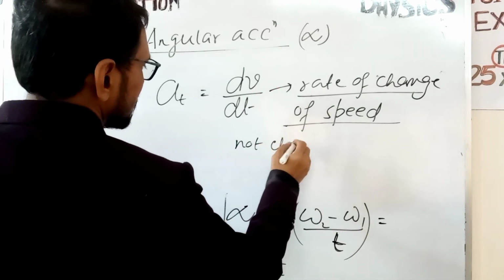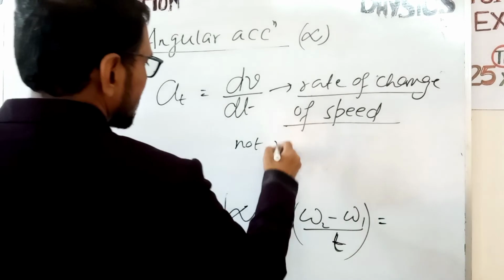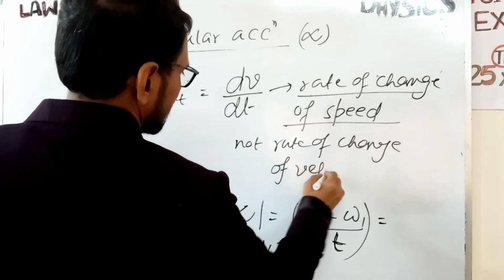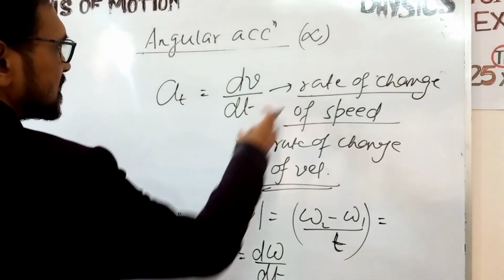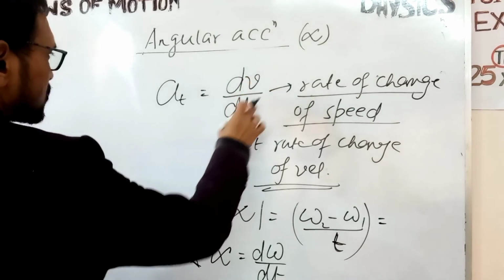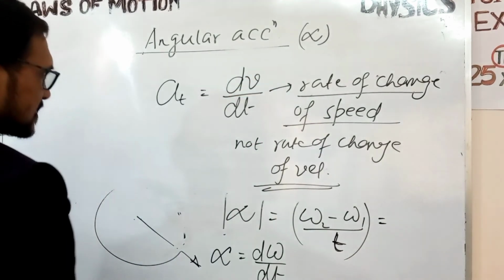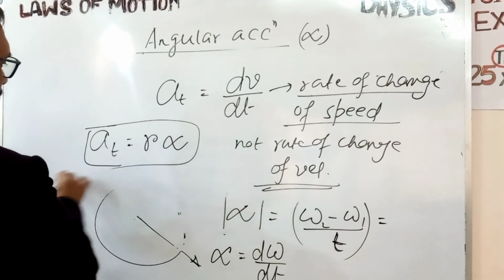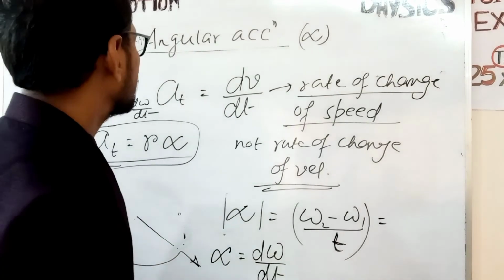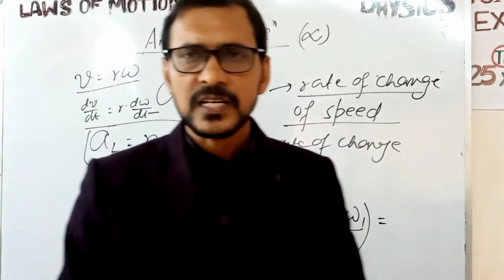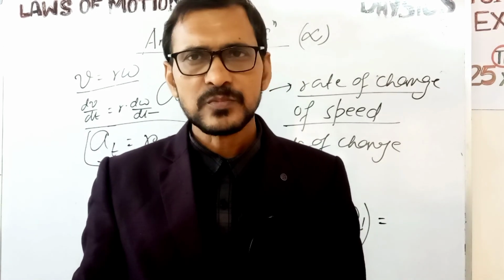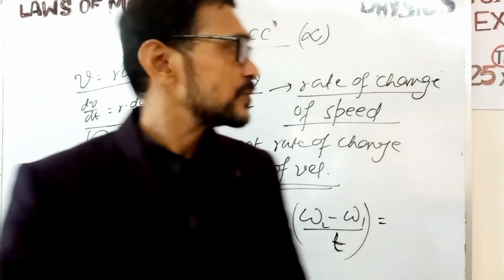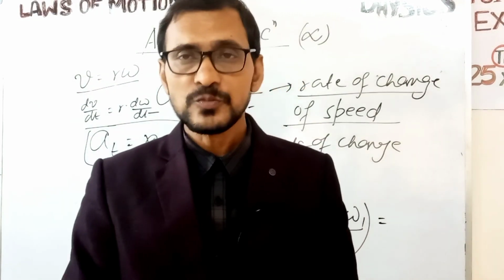The magnitude of velocity is called speed. So at equal to dv by dt, and at equal to r into alpha. I have discussed three accelerations: angular acceleration, centripetal acceleration, and tangential acceleration, and the relation between them, and the net acceleration of non-uniform circular motion and also uniform circular motion. For uniform circular motion, at equal to 0.